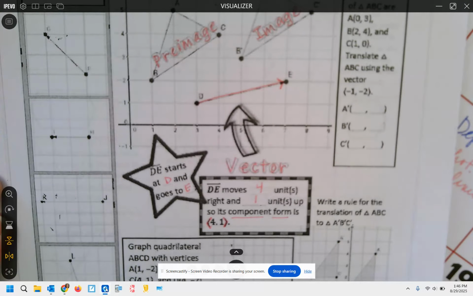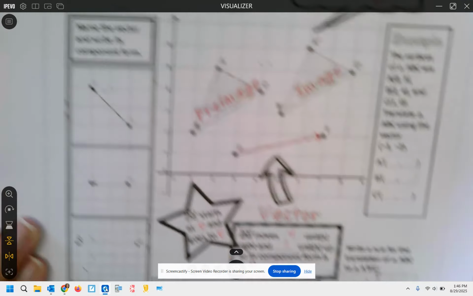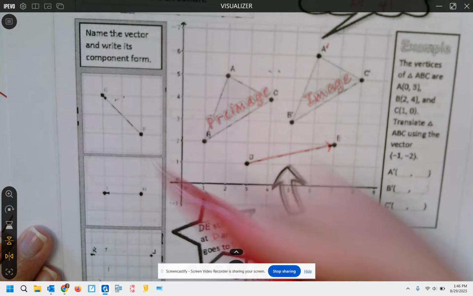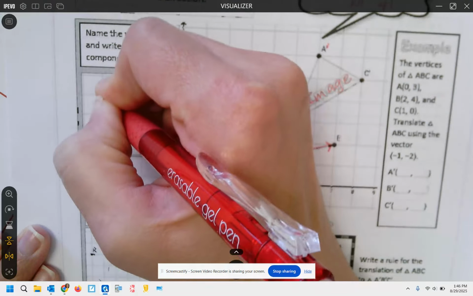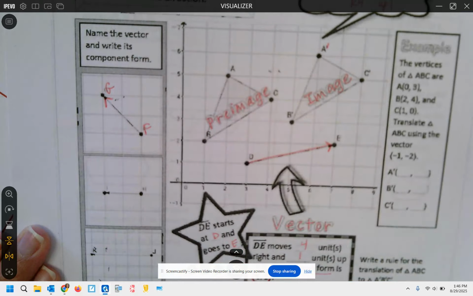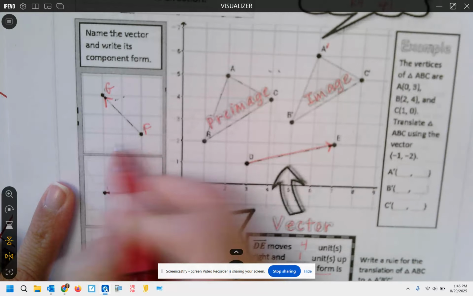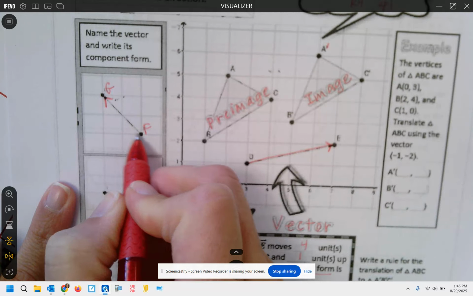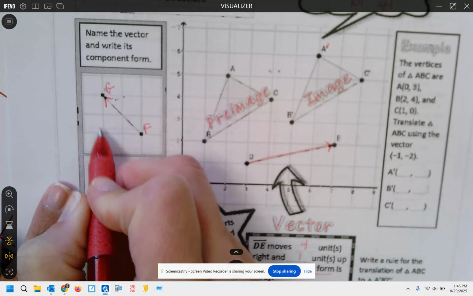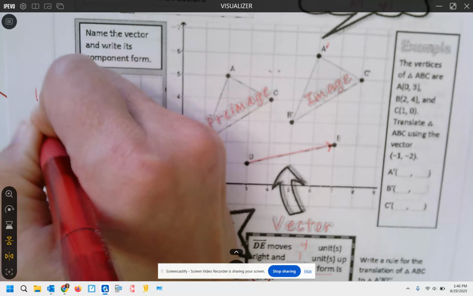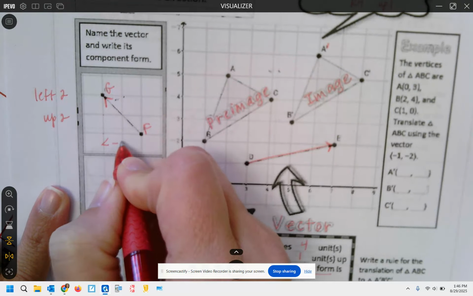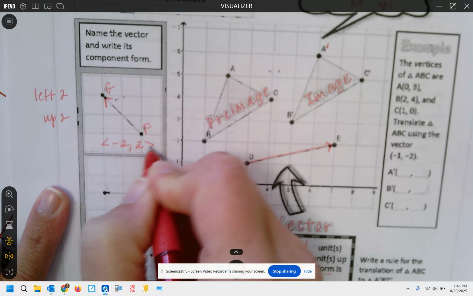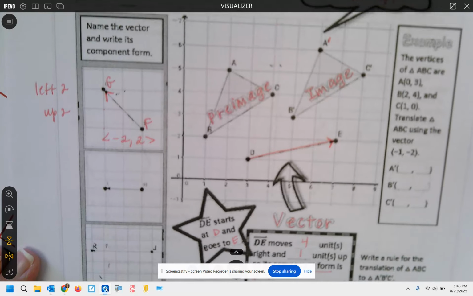So off to the side here, the examples we have, it's a little bit hard to see, but on this one we have point G and point F, and the arrow is pointing from F to G. So our horizontal movement to get from F to G, we're going left 2 units and up 2 units. So its component form, left would be -2, up would be +2.